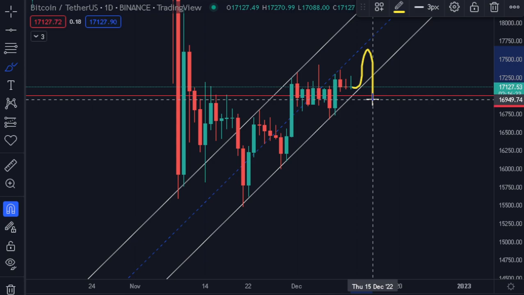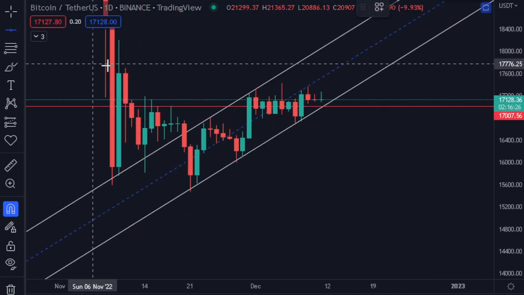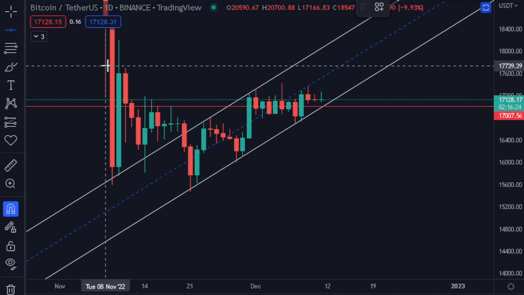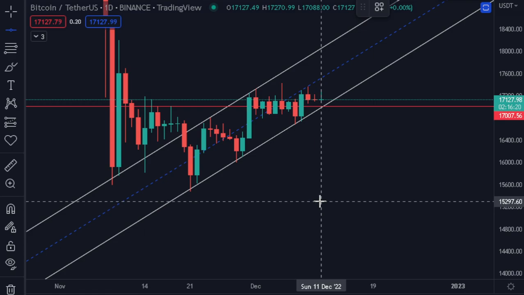So let me give it to you straight. The bearish point of view I'm looking at is going down to around this area.